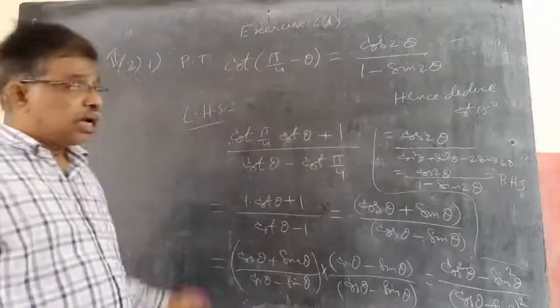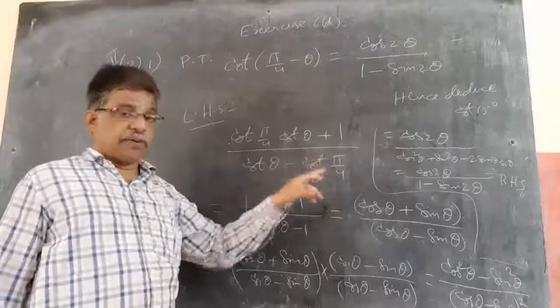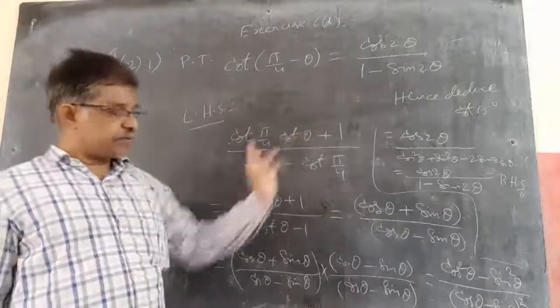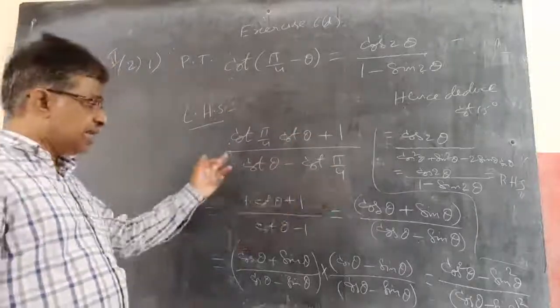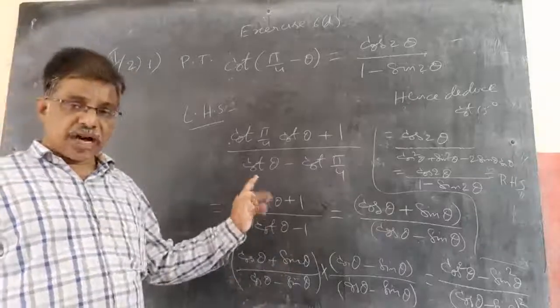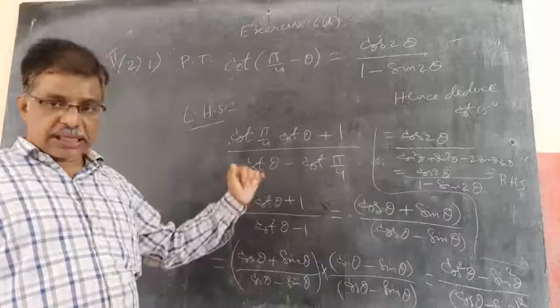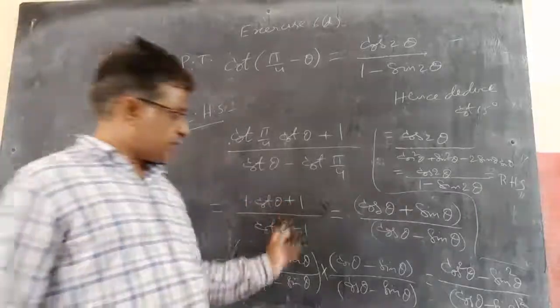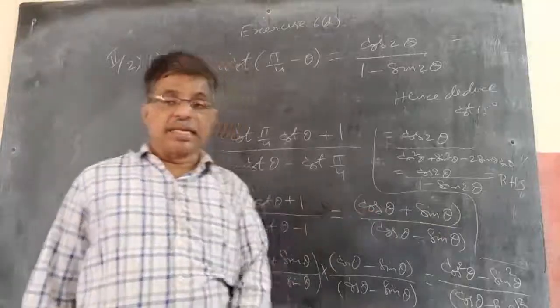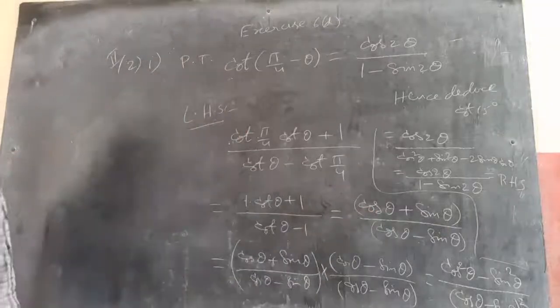How did I do it? I used the cot of a minus b formula first: cot a cot b plus 1 by cot b minus cot a. Then I converted cot in terms of cos and sin: cot theta equals cos theta by sin theta, so (cos theta by sin theta plus 1) by (cos theta by sin theta minus 1). By taking LCM, it becomes (cos theta plus sin theta) by (cos theta minus sin theta).